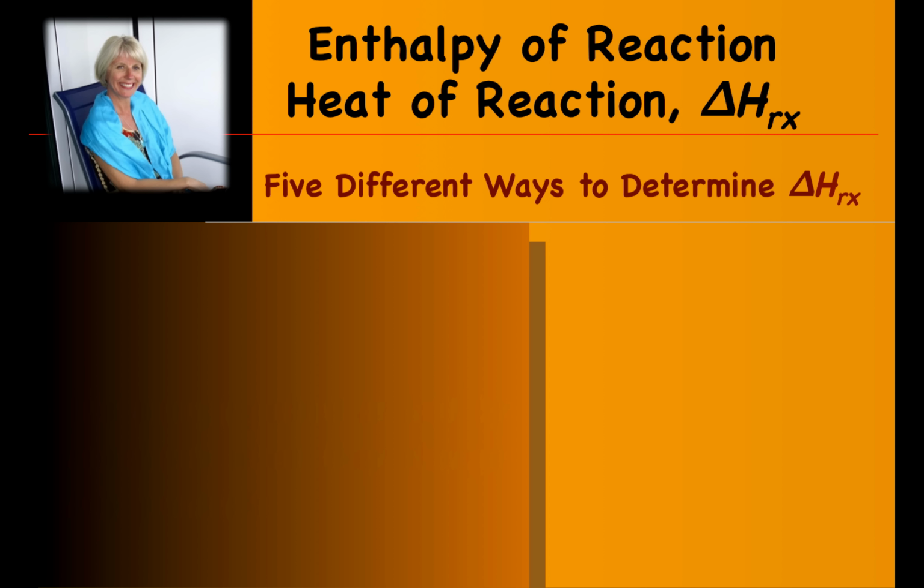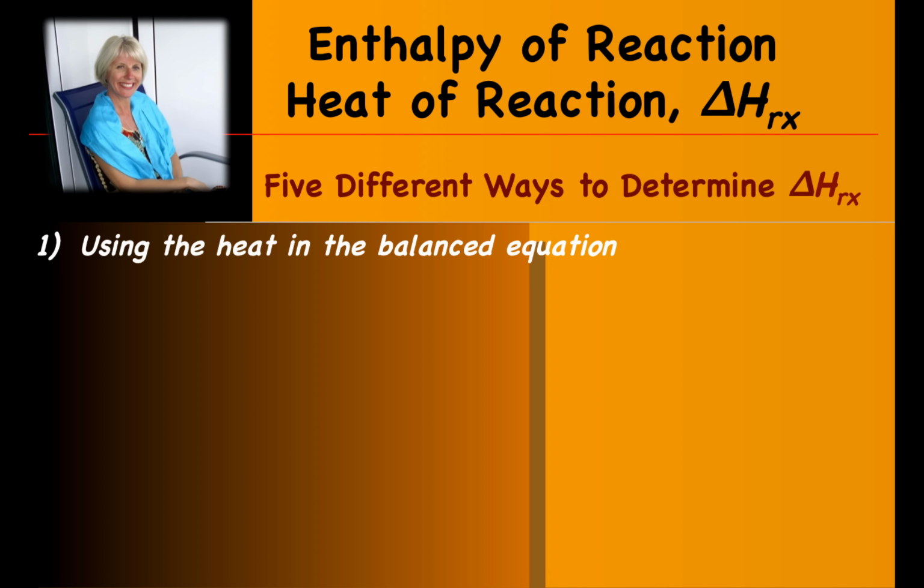There are 5 different ways to determine the heat of reaction, or the delta H. Number 1 is by using the heat found in the balanced equation.